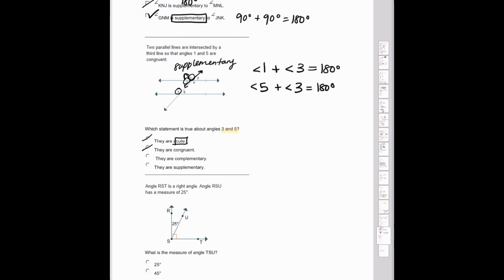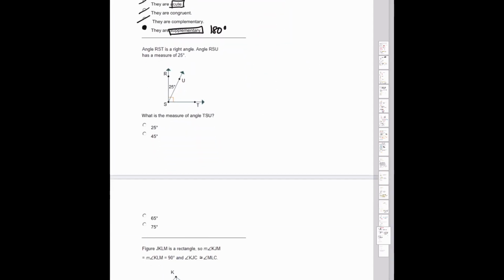As you can see here, we kept the 3 where it was, but we did switch 1 and 5 because 1 is congruent to 5, meaning that they are interchangeable. So this tells us that angle 3 and 5 are supplementary, meaning they are equal to 180 degrees. Let's look at the next question.